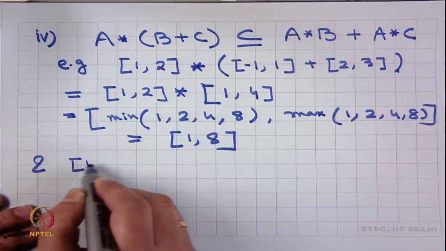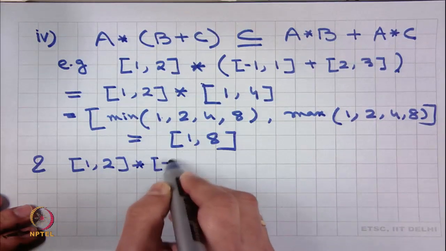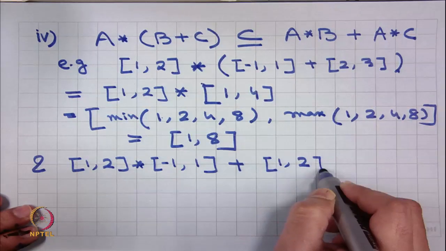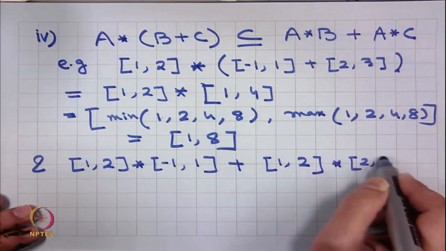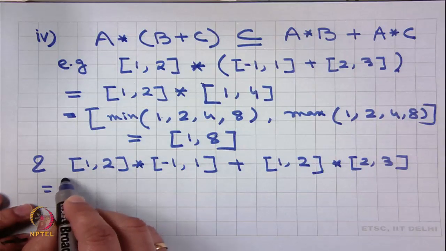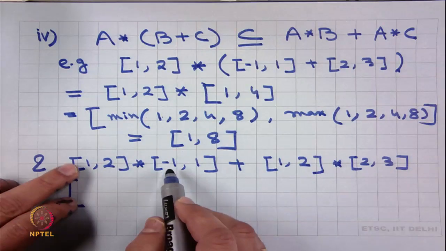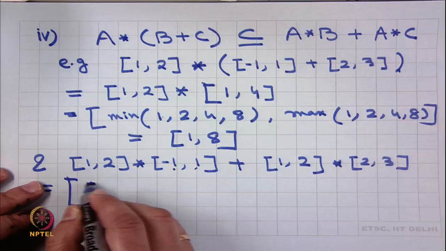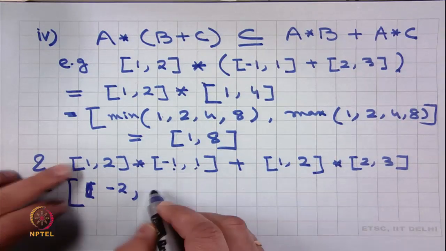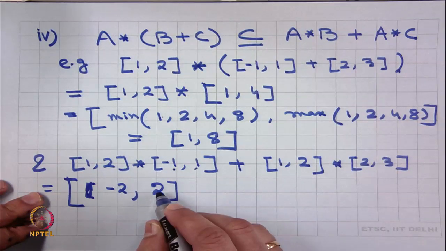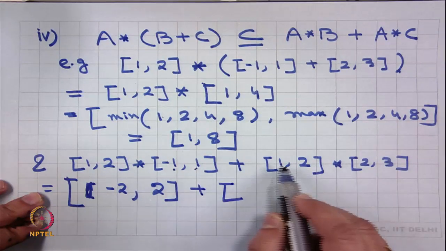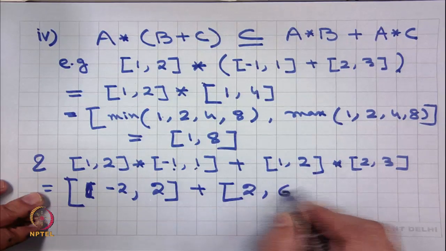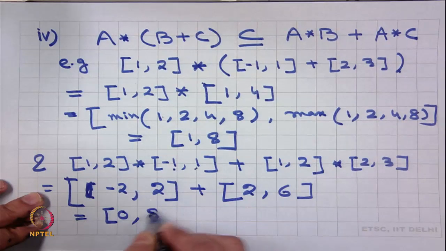And [1, 2] star [-1, 1] plus [1, 2] star [2, 3] is equal to, this is the minimum of -1, -2 plus 1 plus 2, which is equal to -2, and the upper bound is plus 2 plus the minimum of 2, 4, 3 and 6, which is 2, and this is 6, equal to [-2, 8].